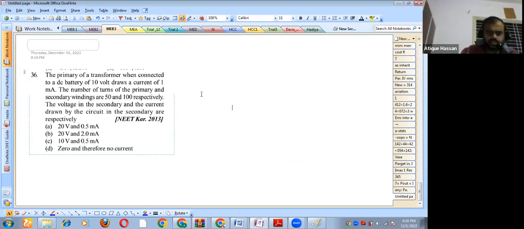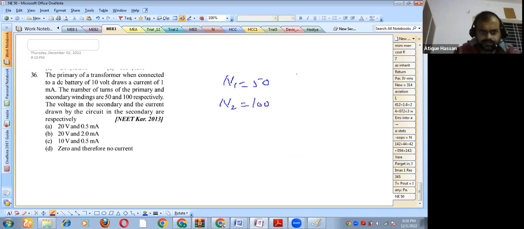In the question it is given that N1 is 50 and N2 is 100. So we have to calculate the voltage in the secondary and the current in the secondary. So we have to calculate E2 and I2.